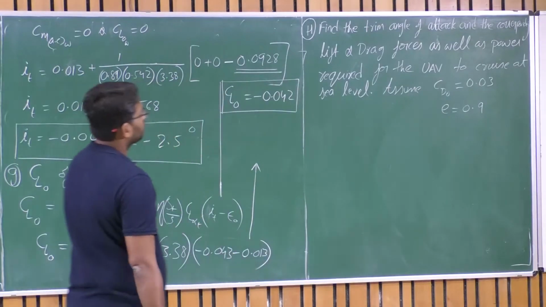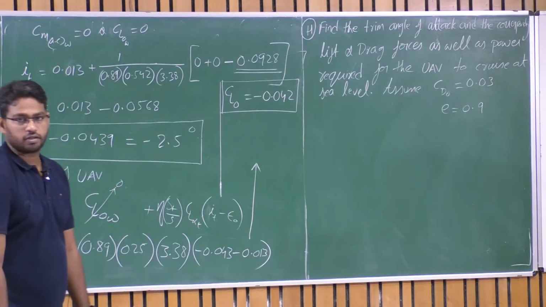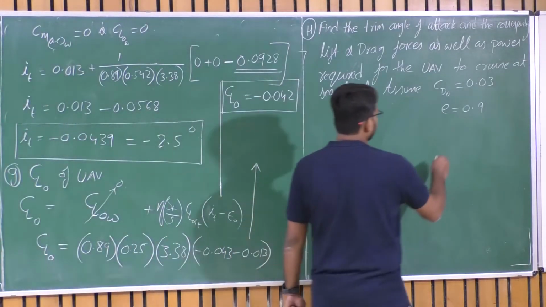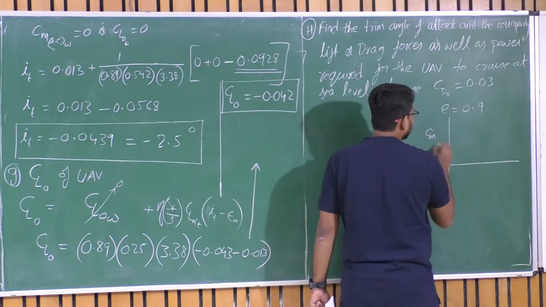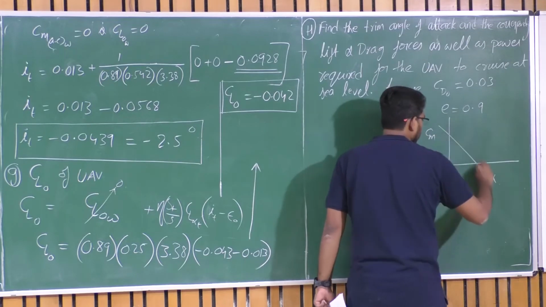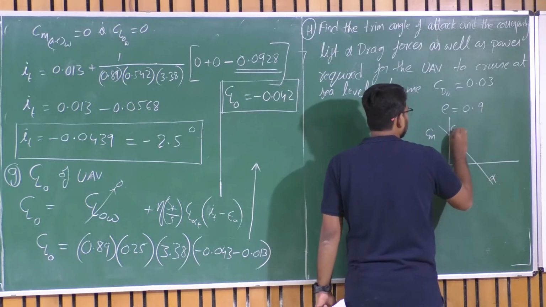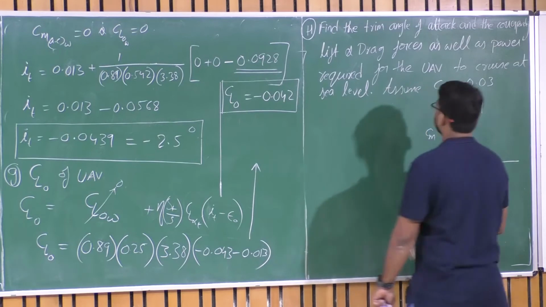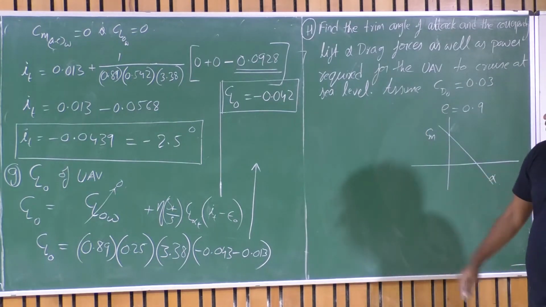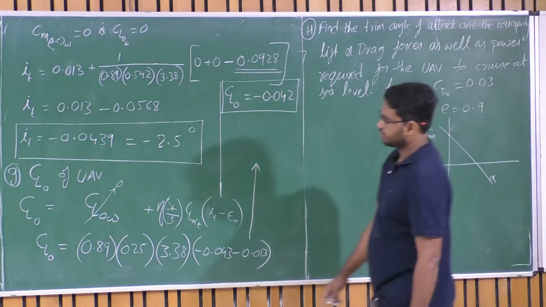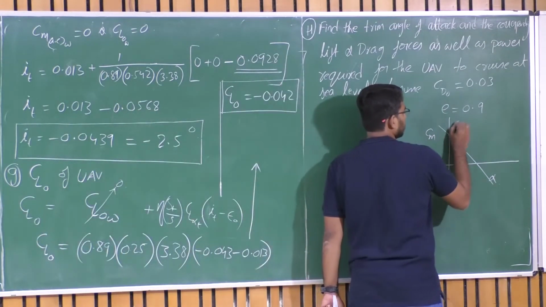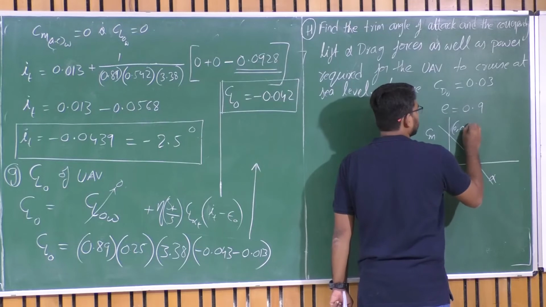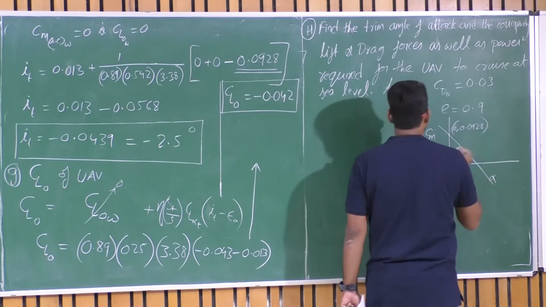So we need to first figure out the trim angle of attack from the given data for the same UAV. Again, we go back to the Cm versus alpha plot for trim angle of attack. We know Cm naught. What is the Cm naught value for this aircraft? It's given as 0.0928. So the coordinates at this point are 0, 0.0928.